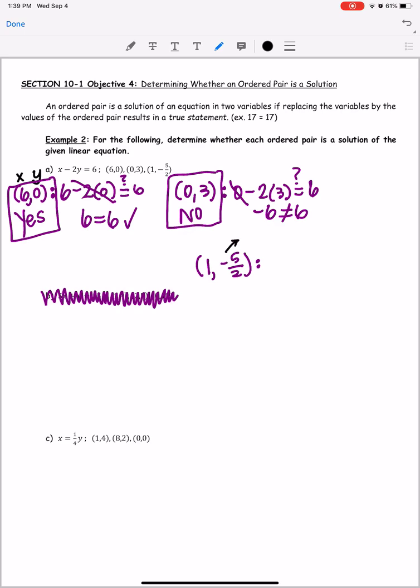If you put in your calculator negative 5 divided by 2, you're going to get a decimal, negative 2.5. So let's use that instead when we're plugging that in. So we've got, I'm still using this equation up here, x minus, my x is 1, minus 2 times y. My y is this negative 2.5. We changed it from that decimal.